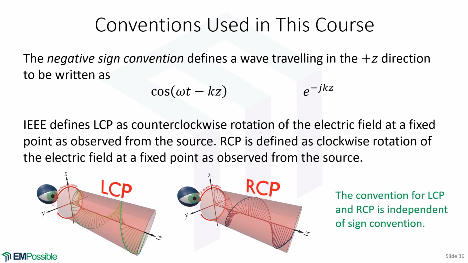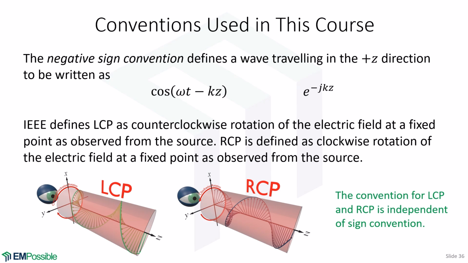So I like to look at this in terms of the source, where you're looking down the same direction that the wave is propagating, and you're looking at the rotation at some fixed point. So a counterclockwise rotation is a left circularly polarized wave, and a clockwise rotation is a right circularly polarized wave. It's consistent with the IEEE definition. I just think it's a slightly more intuitive way to think of it and word it.